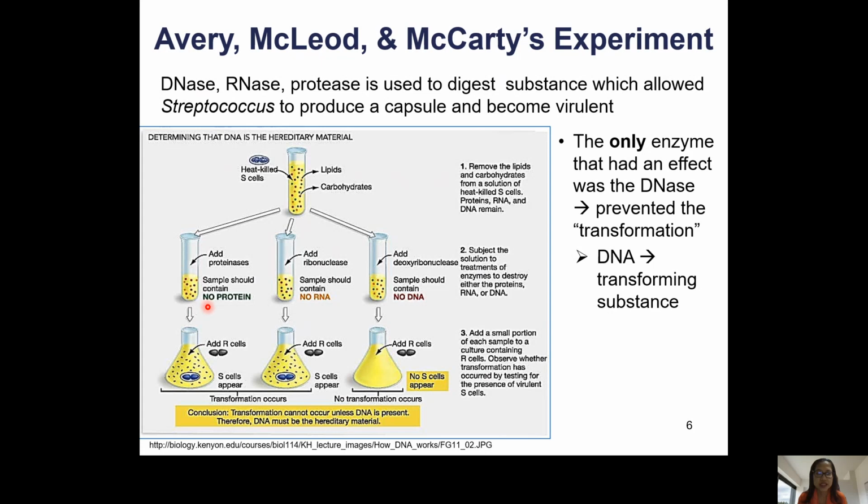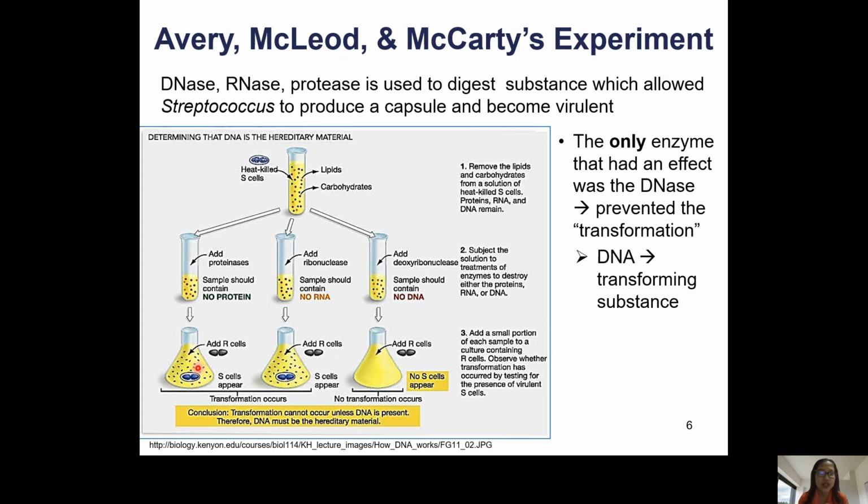The next step is they add a small portion of each sample to a culture containing R cells. And then they observe whether transformation has occurred by testing for the presence of virulent S cells. As you can see here, they add R cells into each tube.